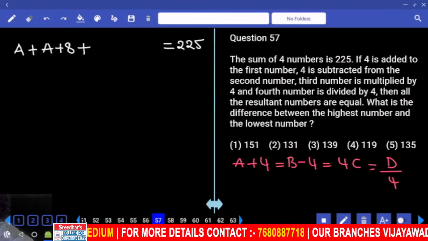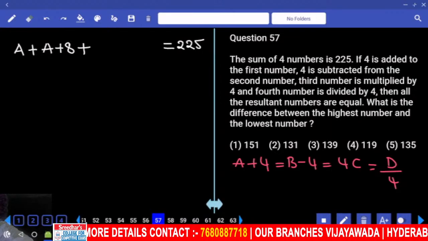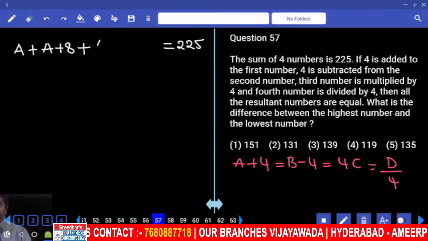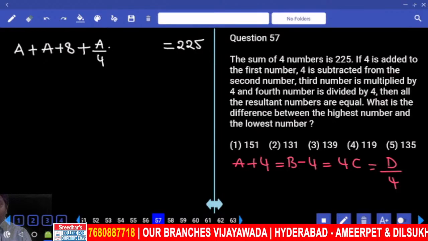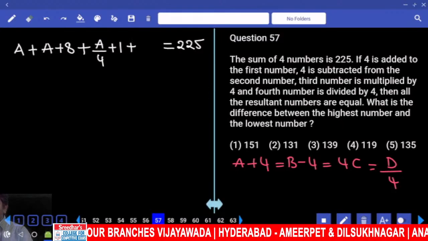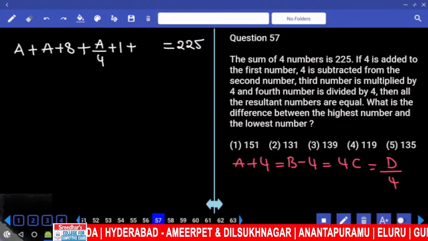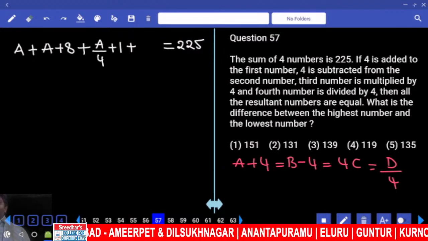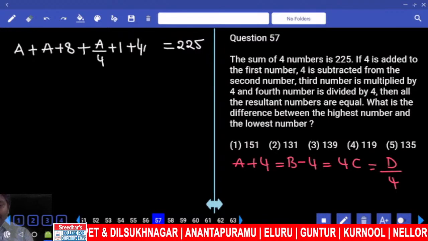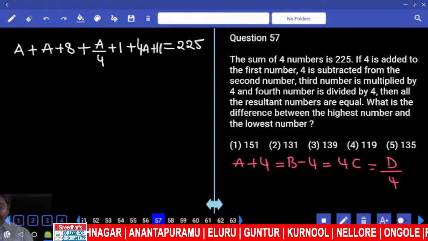Then C will be A plus 4 by 4, that I want to write as A by 4 plus 1. C is also done. Next D. D by 4 is equal to A plus 4. Then D is equal to 4A plus 16.